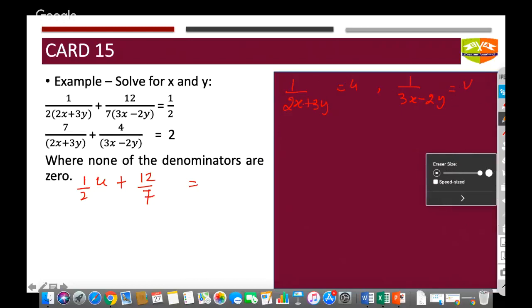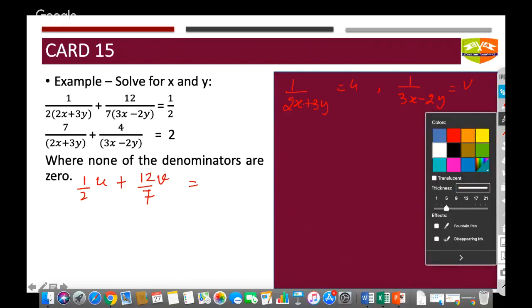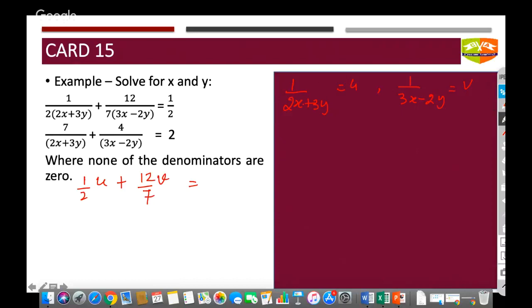So this I write as 12 by 7v, and this comes out to be 1 by 2, and this I write as 7u plus 4v, and that is equal to 2.